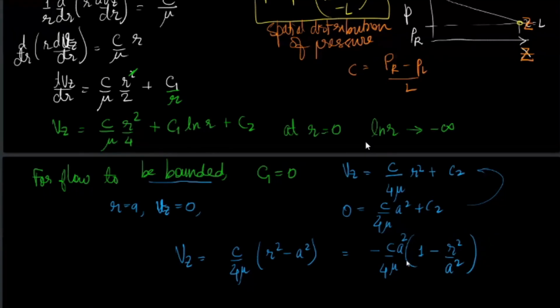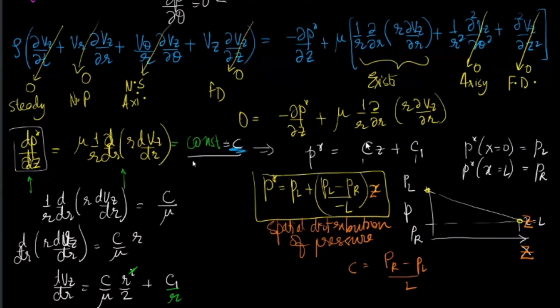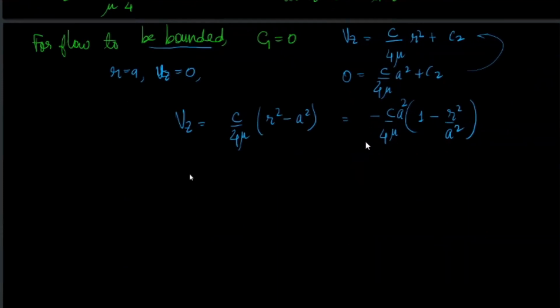I've just rewritten this slightly differently, and recall that C is equal to dp star dz. So essentially we can write down the entire formula in terms of this.